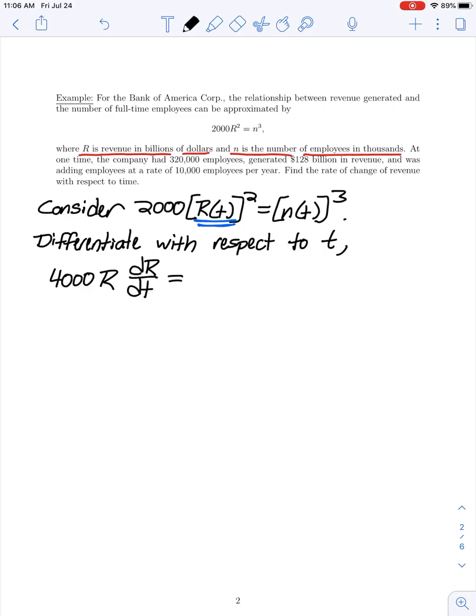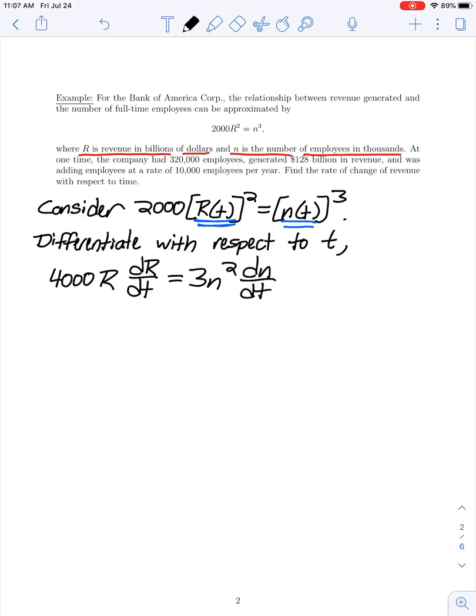And this is equal to our derivative on the right-hand side. Again, using the chain rule, we would have 3 times n of t squared, or I might simply write n squared. But then we have to multiply by the derivative of this inner function with respect to time, using the chain rule. So we would have the derivative of n with respect to time.